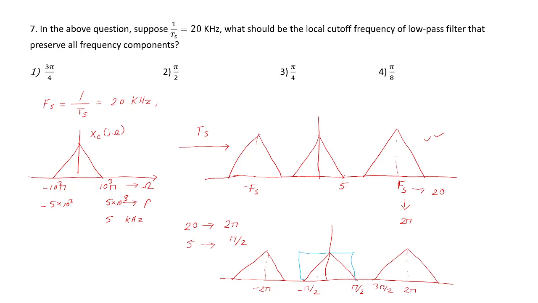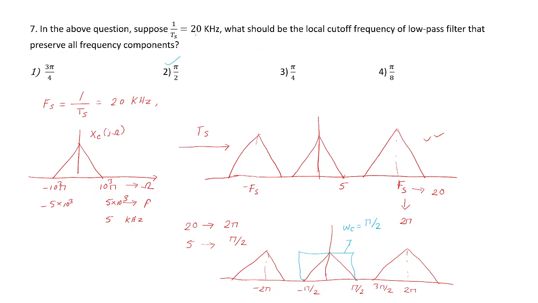So if I design a low pass filter with cutoff frequency omega c equal to pi by 2, it is not removing any frequency component of x(t); it is preserving all the frequency components. So the cutoff frequency of the low pass filter that preserves all frequency components should be pi by 2.